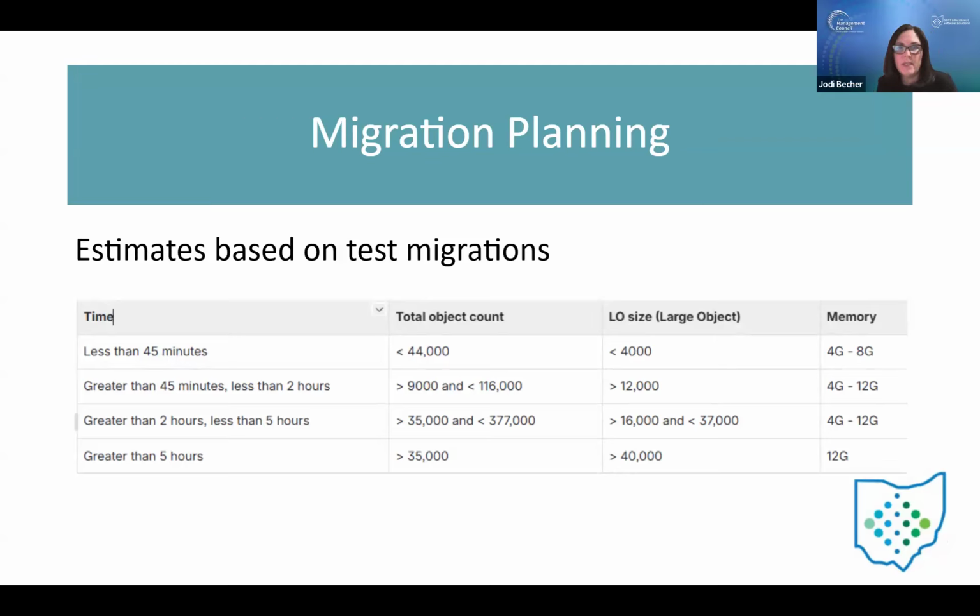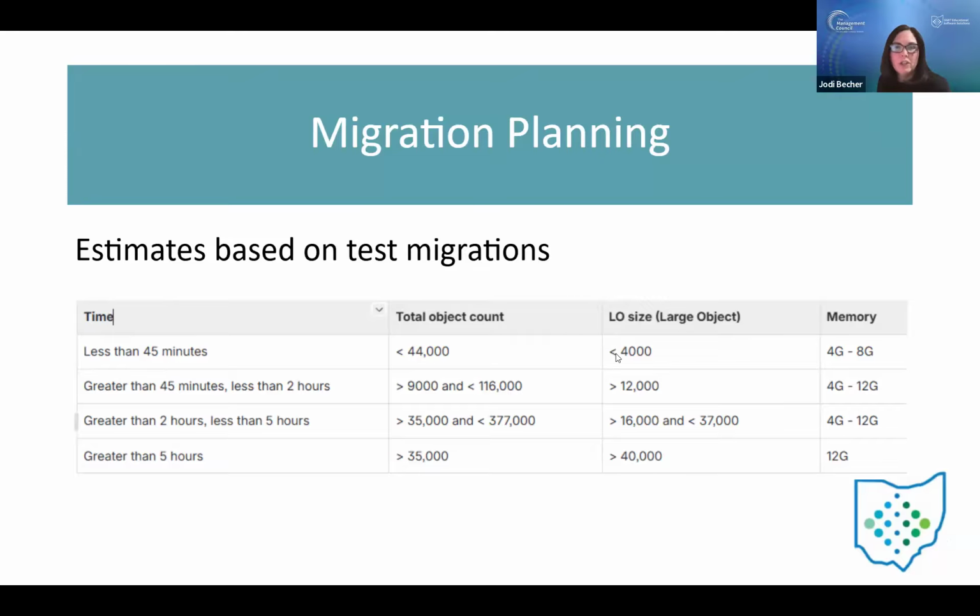And of these three, I would say the large object size is probably your biggest indicator. And again, this chart is included in the release notes, so you don't have to worry about trying to grab a screen grab of it or anything.